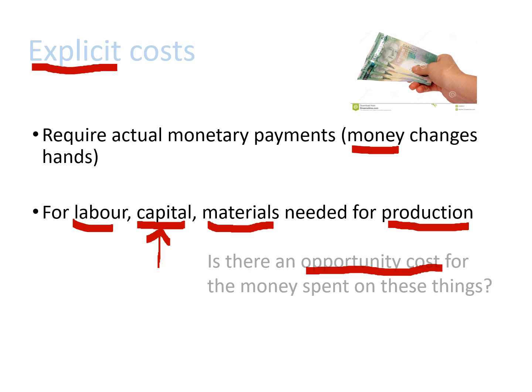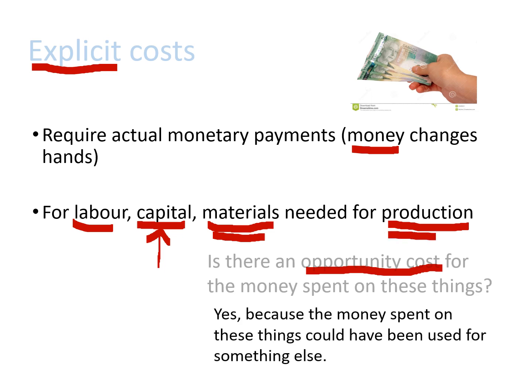That's what you cannot do with the labor, capital and materials, because you've chosen to do the particular production that you've chosen to do. Okay, so yes, there's always an opportunity cost, and as economists or students of economics, we'll need to consider the opportunity costs as well. Okay, but they're not the explicit costs. The explicit costs cost money.